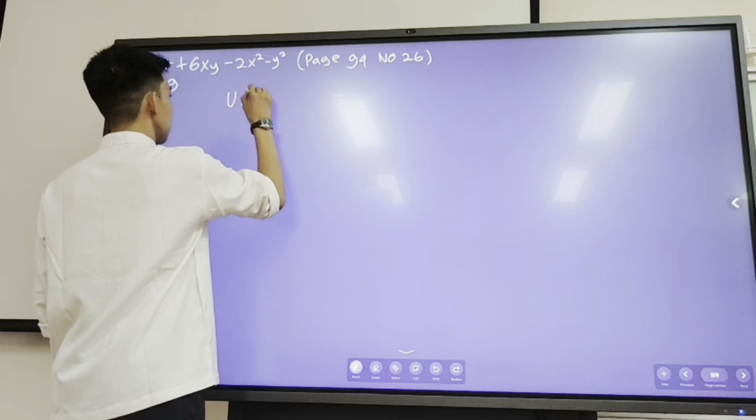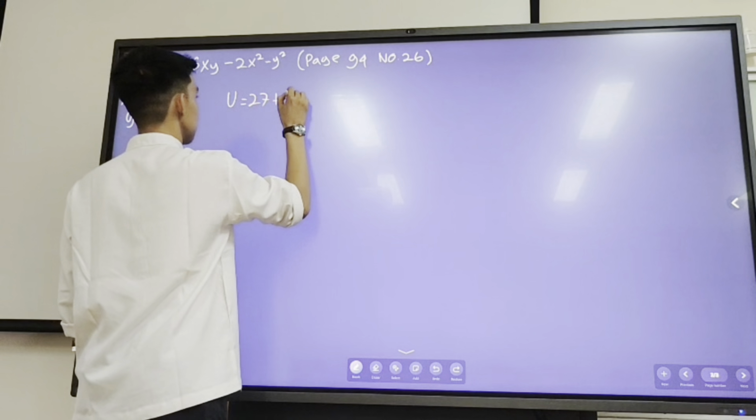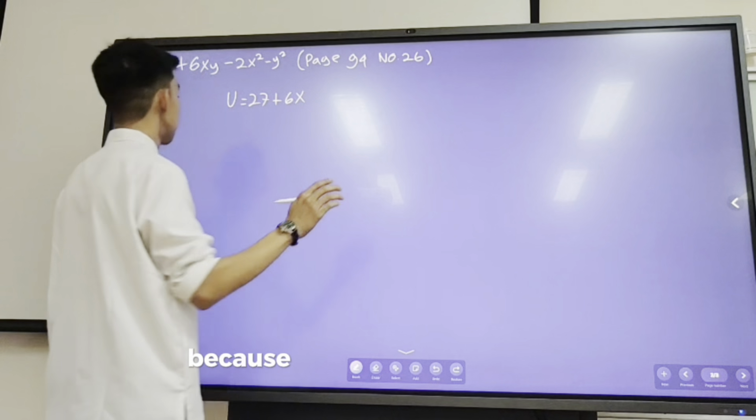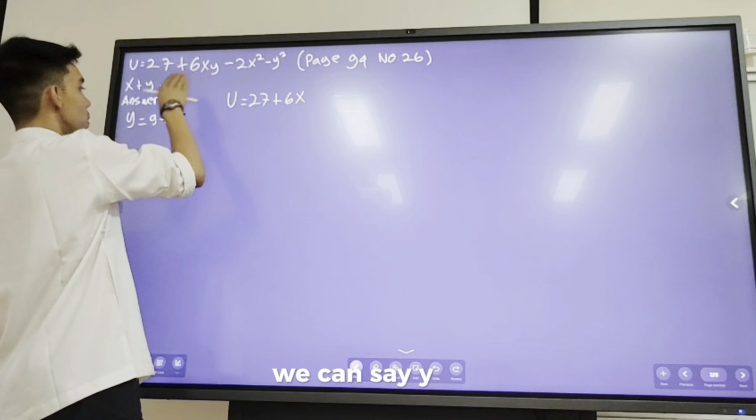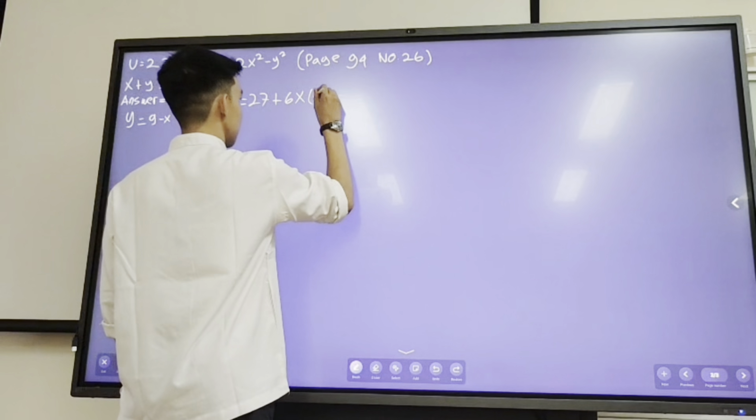And then I will try to find the function u. Because we already know y equals 9 minus x, we substitute y with 9 minus x.